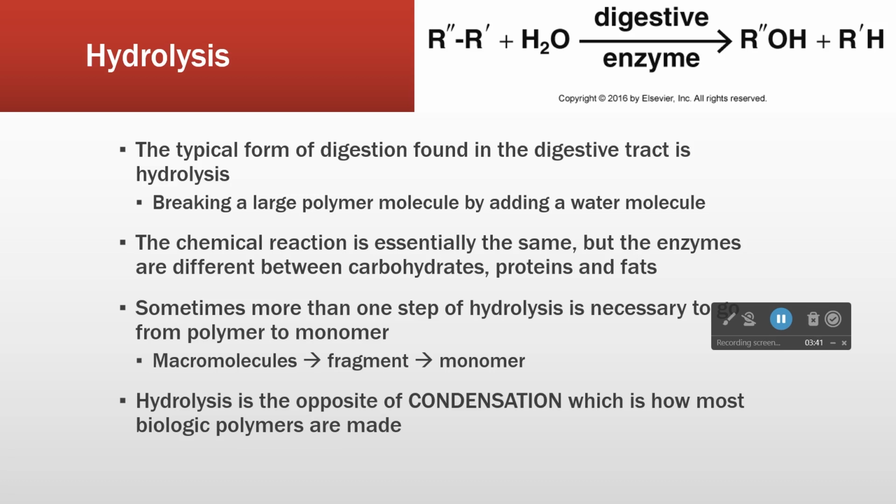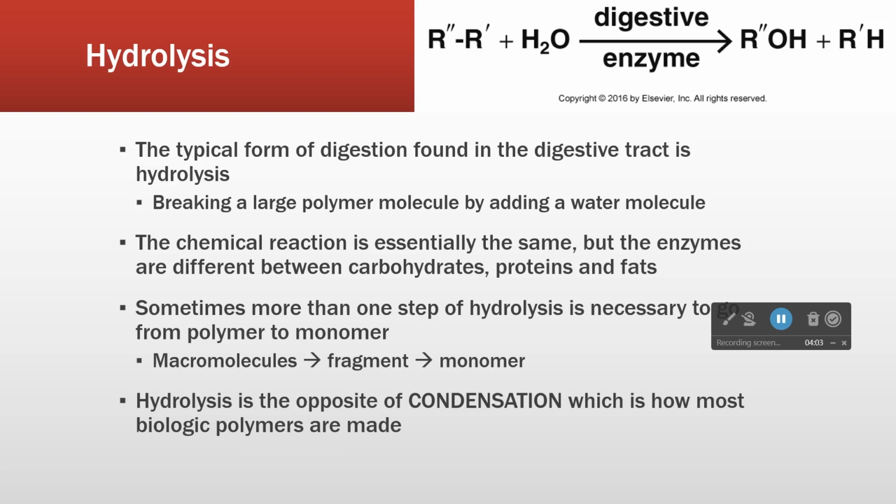Now, typically, we can't do this in one step. Our digestive enzymes tend to go from macromolecule, intact protein, intact starch, intact fat, to a fragment. In other words, in a protein, you don't go from protein to individual amino acids.